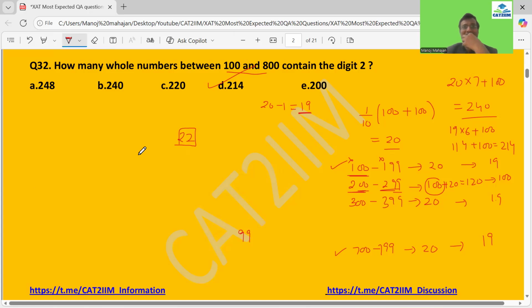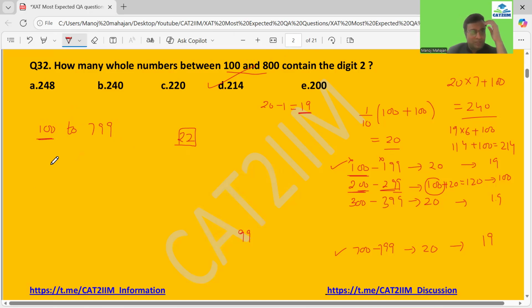But let me teach you the basic PNC also out here. So we have done with the problem, but I'm just covering one more method. So what we could have done is, let's say I count numbers from 100 to 799, including 100 also. 800 I'm not looking at over here because it doesn't contain the digit 2, so we don't have to focus on 800. Even 100 also doesn't have the digit 2, but we'll see what we are doing out here.